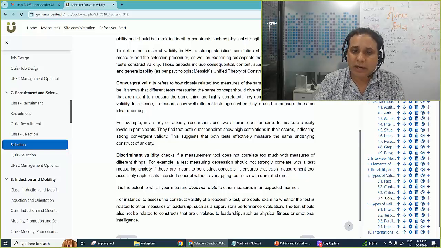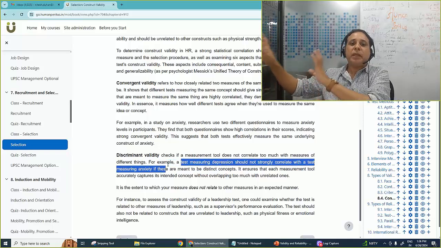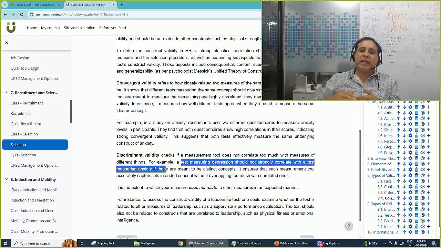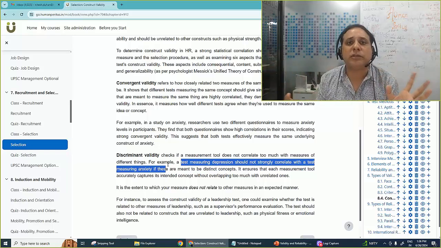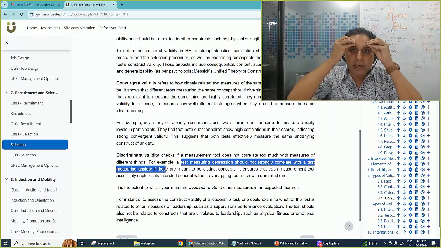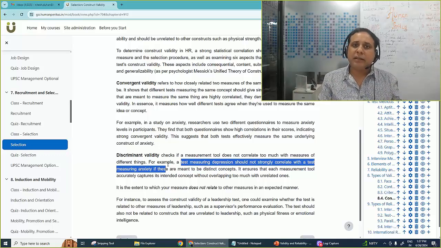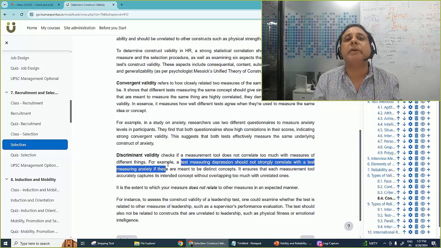For example, a test measuring depression should not correlate with a test measuring anxiety if depression and anxiety are two different concepts. Or you can say mental stamina and physical stamina. Now if I create a test for physical stamina, then this test should not assess mental stamina.